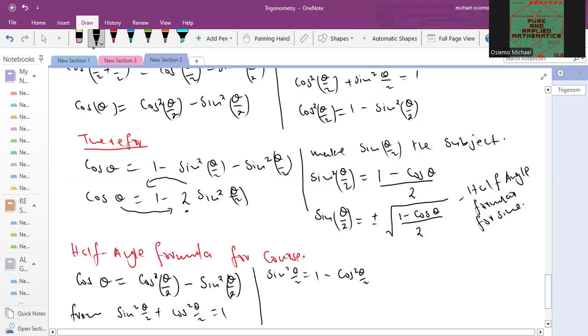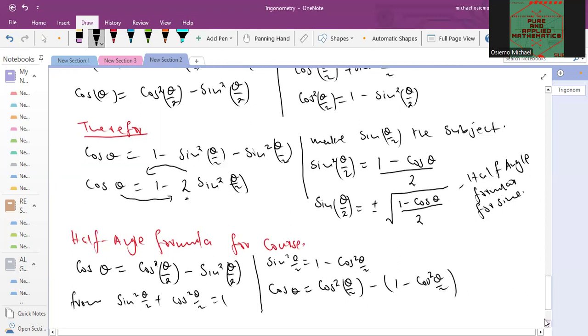And so that means cos theta is equal to cos squared theta over 2, and then minus 1 minus cos squared theta over 2.